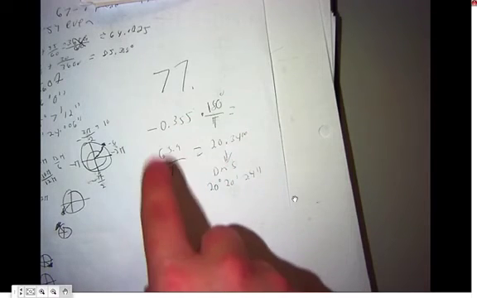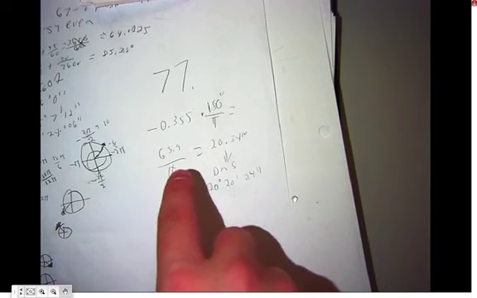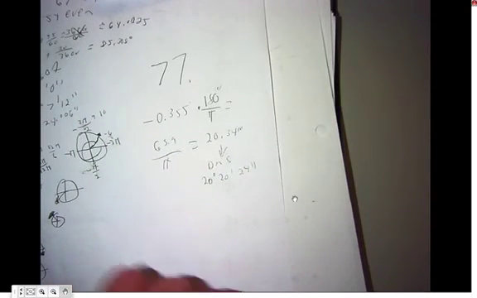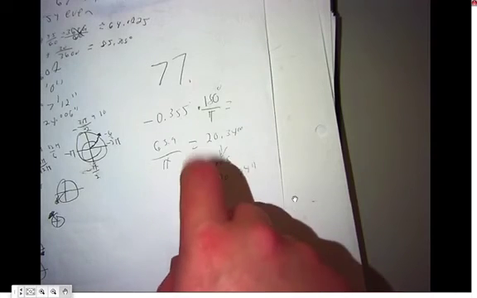I got negative 63.9 over pi equals negative 20.340. And so then what I did is put that in degrees, minutes, seconds, and I got 20 degrees, 20 minutes, and 24 seconds. Okay, good.